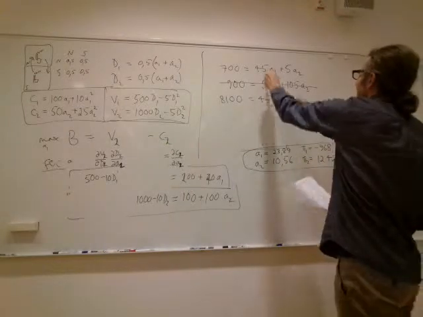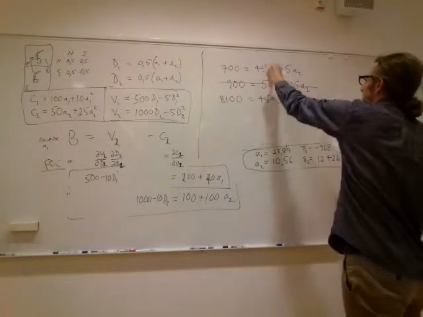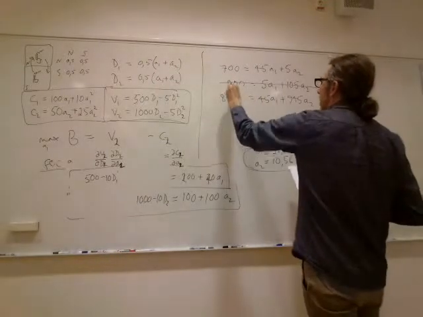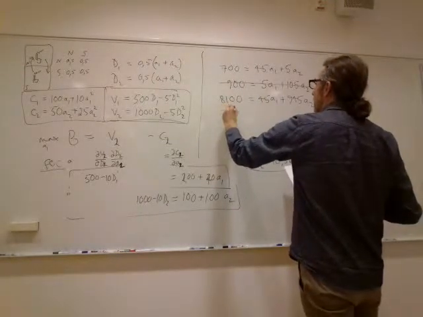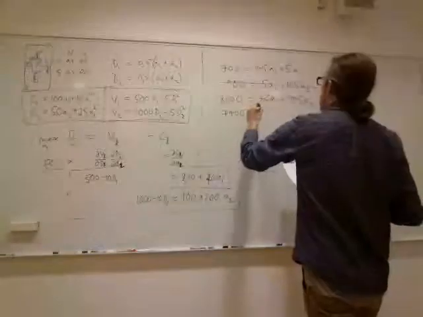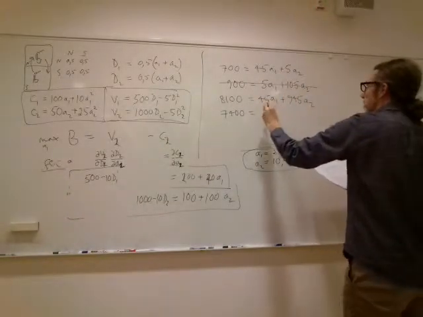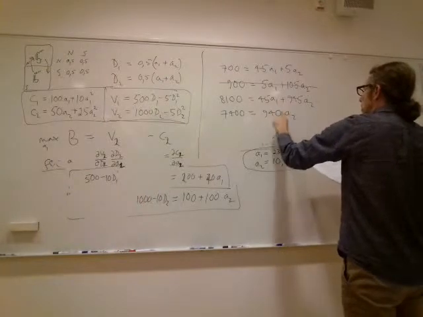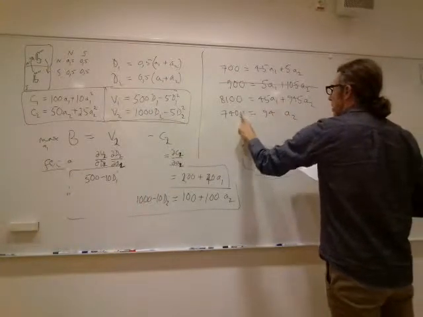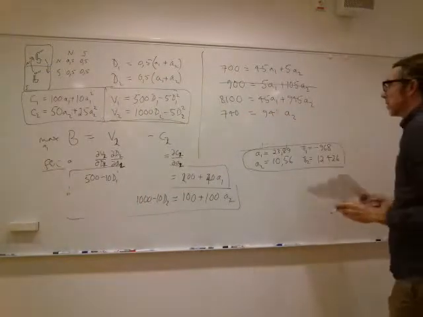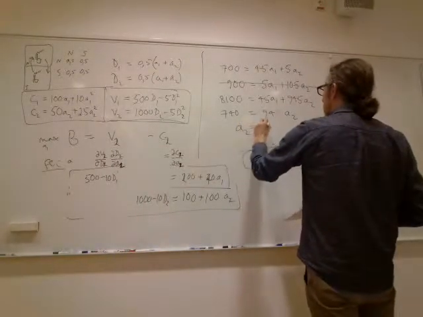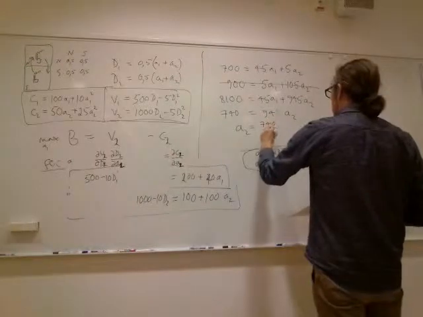So now we can get rid of A1, we subtract the top one from this one, and we have 7,400 equals 940 A2. We can wipe a 0 straight away. So A2 is 740 over 94.